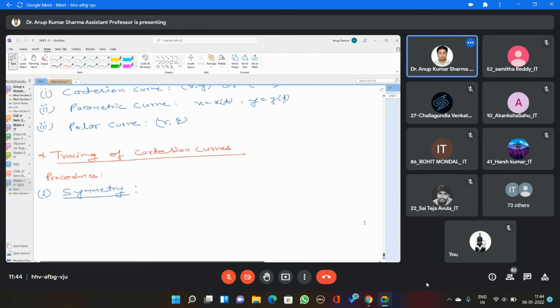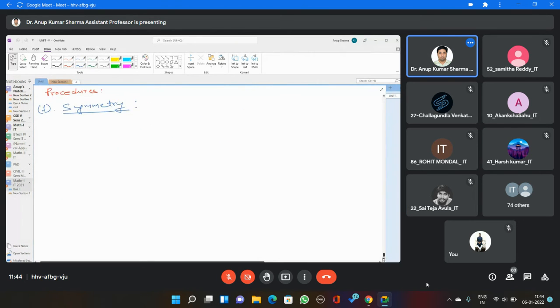Such types of characteristics we see. So first, the symmetric case.